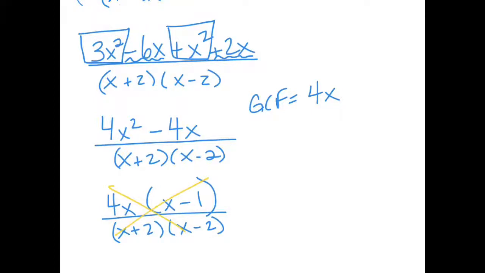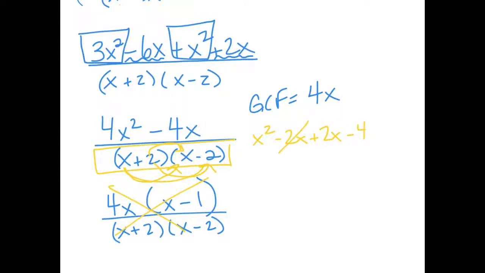What I need to do now is get rid of any parentheses in order to get the simplest form of this fraction. So I'm going to FOIL x plus 2 times x minus 2. That's going to give me x squared minus 2x. 2 times x is positive 2x, and then 2 times negative 2 is negative 4.